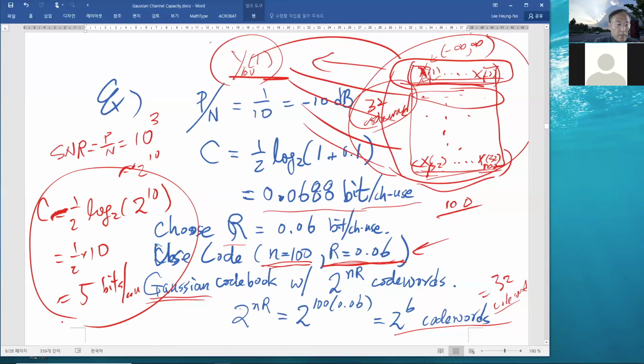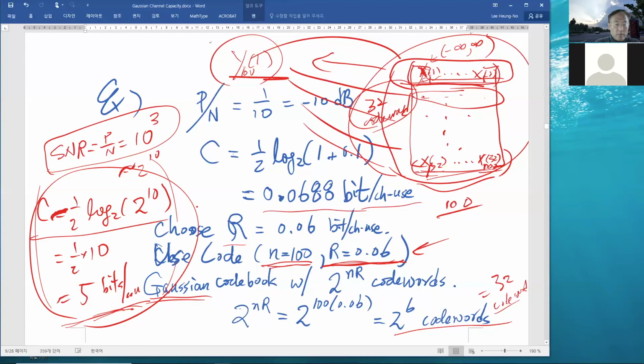In this particular case, where your SNR is large, you can send 5 bits per channel use. This is the case where signal power is significant compared to the noise power.